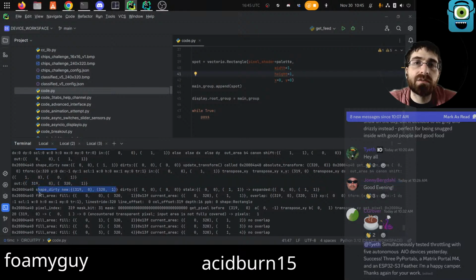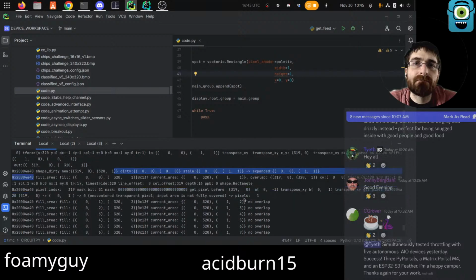But overlaps. The first one, 0, 0, 321. So the first row, an area 0, 320, 1, 1.